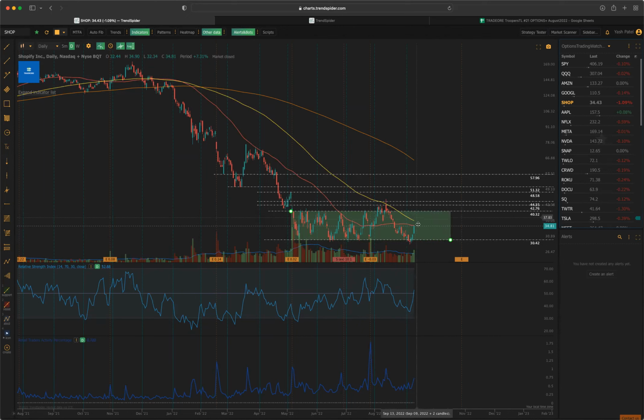30 area, boom, started bouncing. Now it's at the 50-day resistance area. And then the next resistance is right at the 100-day SMA. And then the high of the range, like around 40-ish, right? So 1, 2, 3, 4, 5, 6, and now 7 times it has bounced off of it.